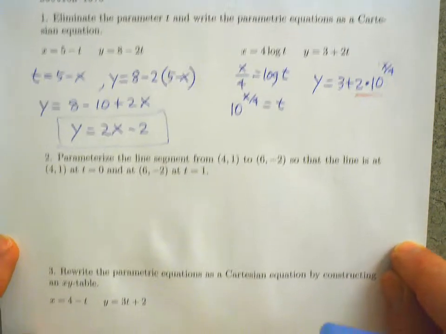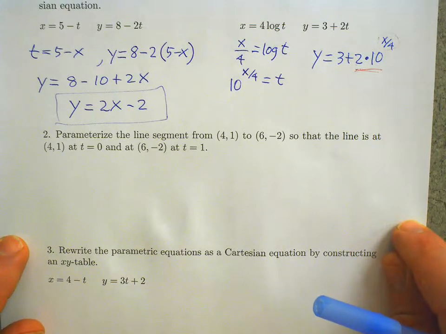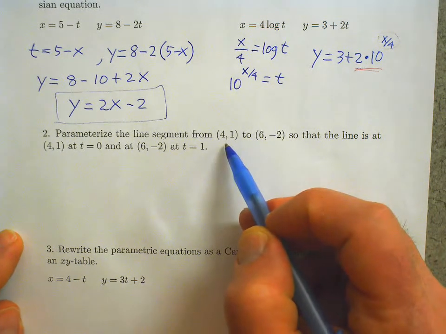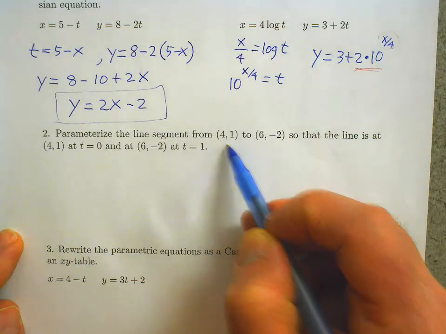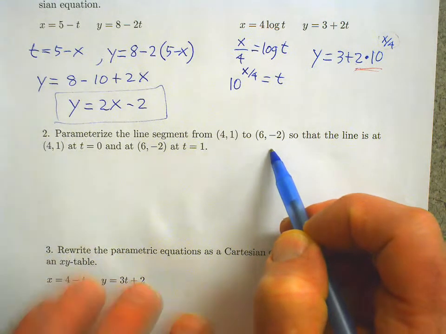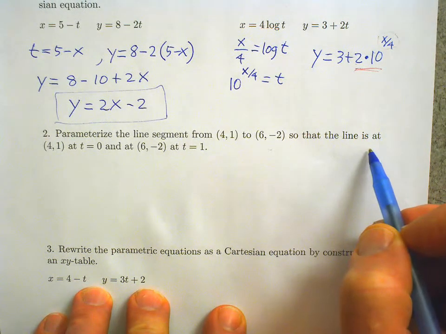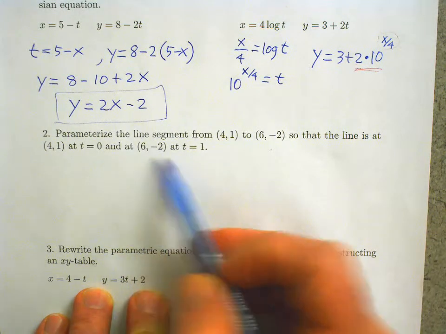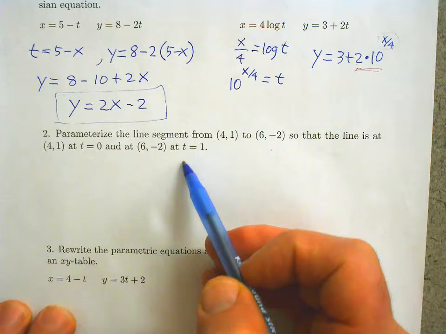Okay, number 2, parameterize the line segment from the ordered pair 4, 1 to the ordered pair 6, -2, so that the line is at 4, 1 at t equals 0 and at 6, -2 at t equals 1.